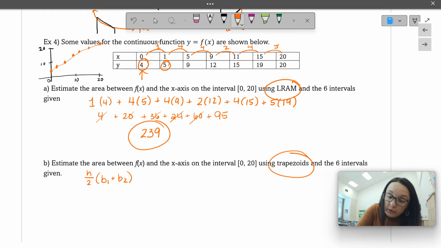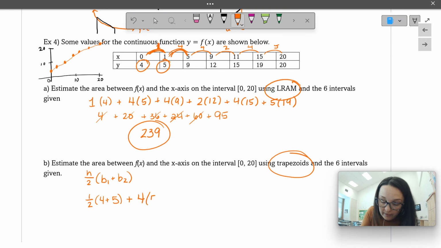So for my first trapezoid, my height is 1 and my bases are 4 and 5. So 1 over 2 times 4 plus 5. My next height is 4, and then I'm adding 5 plus 9.